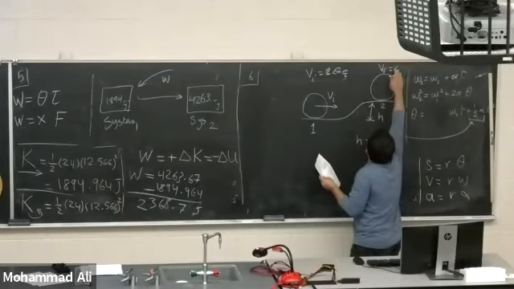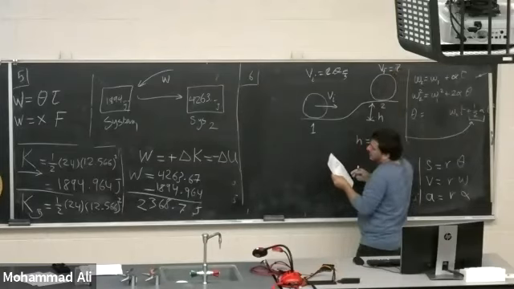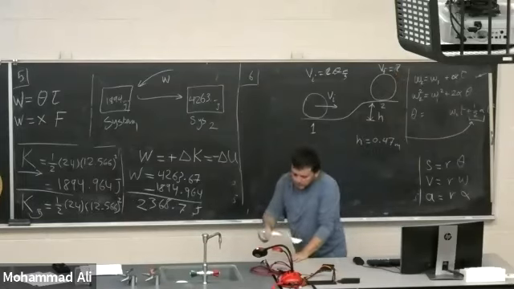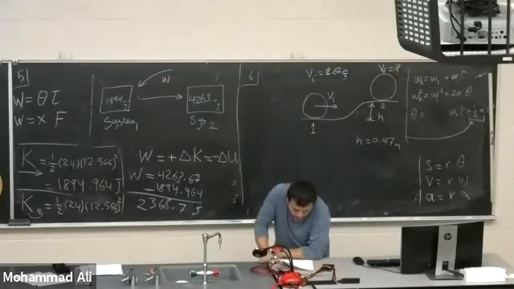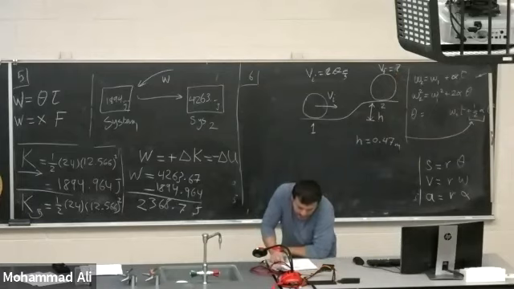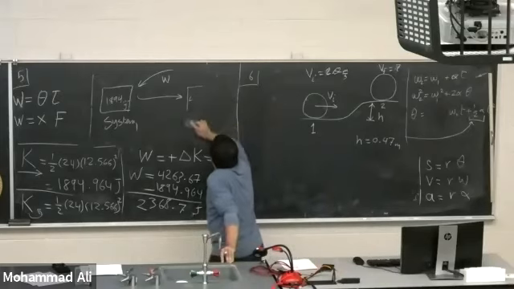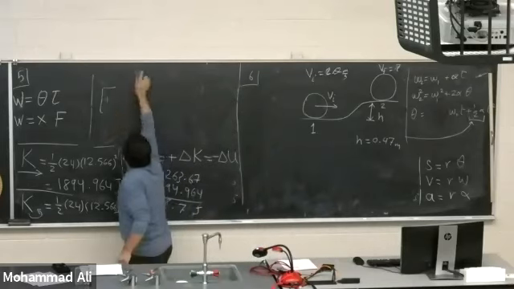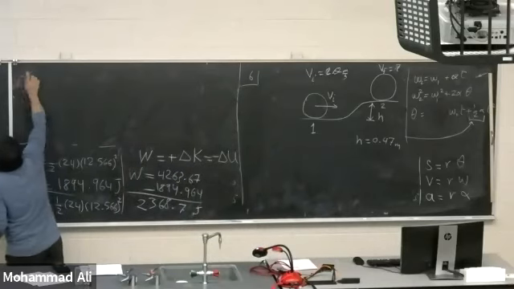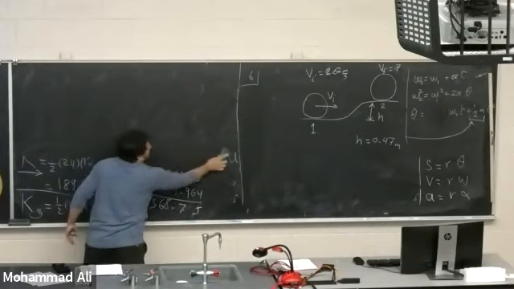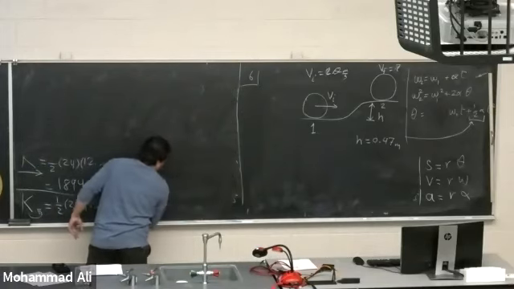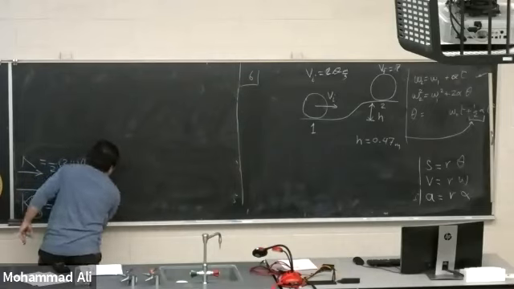It asks about the final velocity. There is a speed on the top of the ramp. We need to find that speed. It's a mechanical energy conservation.